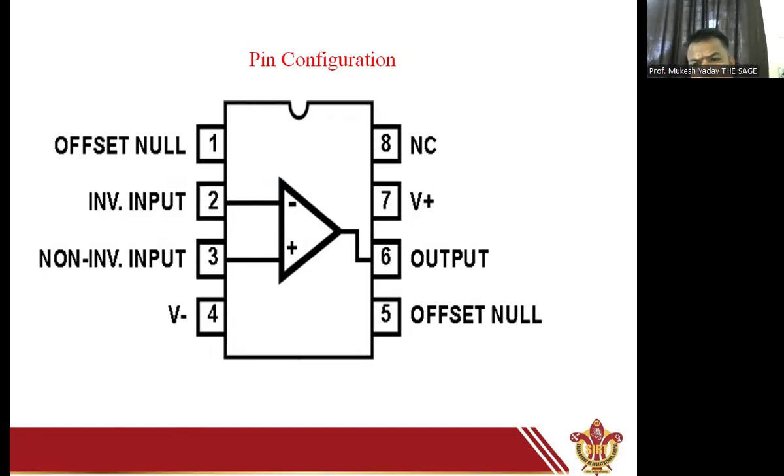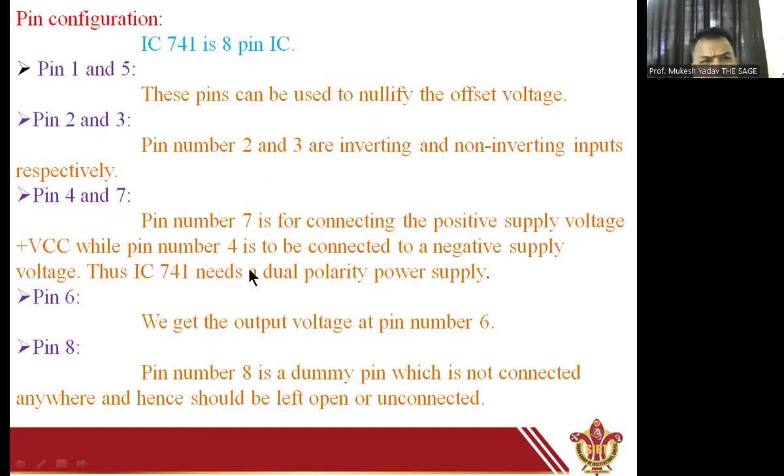We take output from pin number 6, and we apply the biasing voltage in positive polarity at pin number 7. These are the pin configurations of IC741, which works as an operational amplifier.